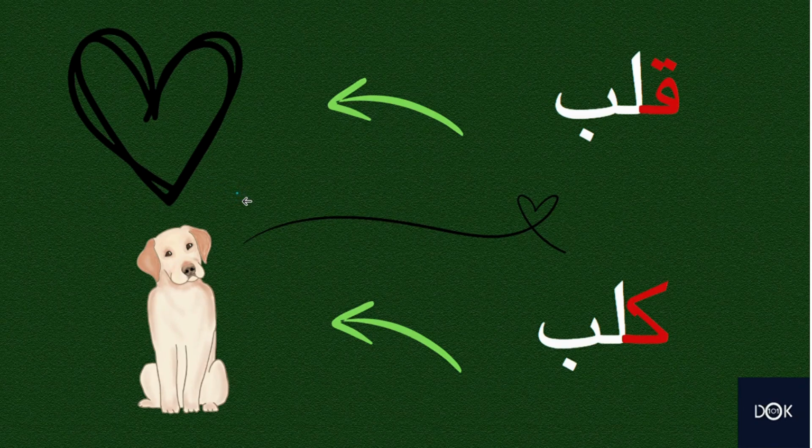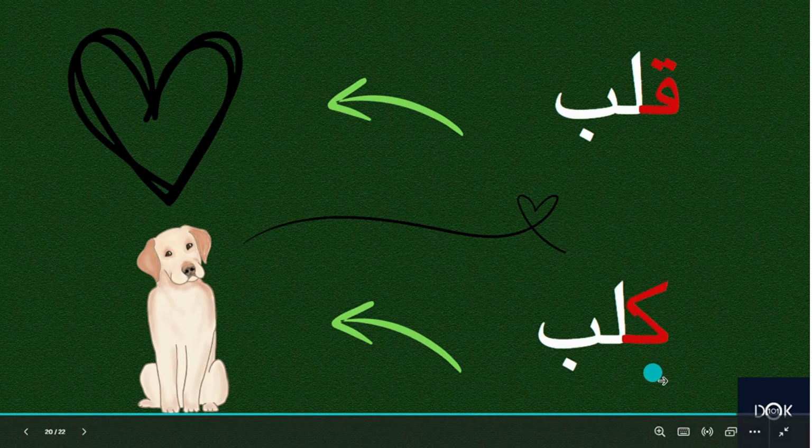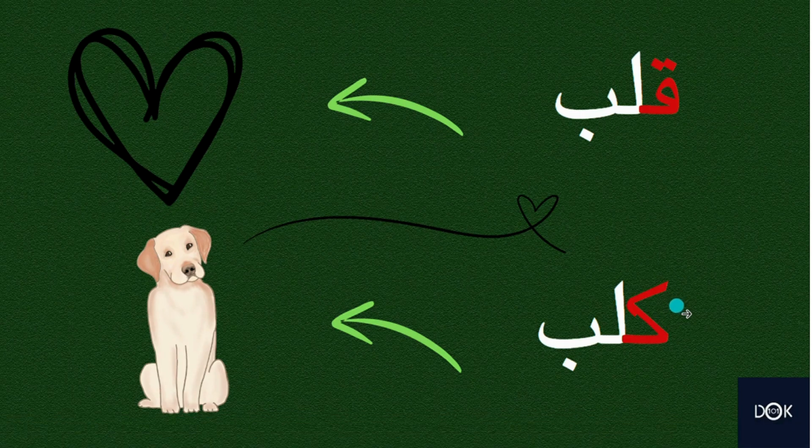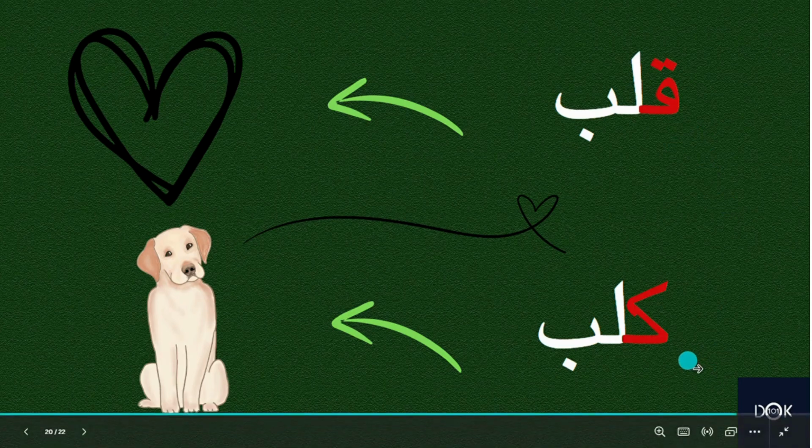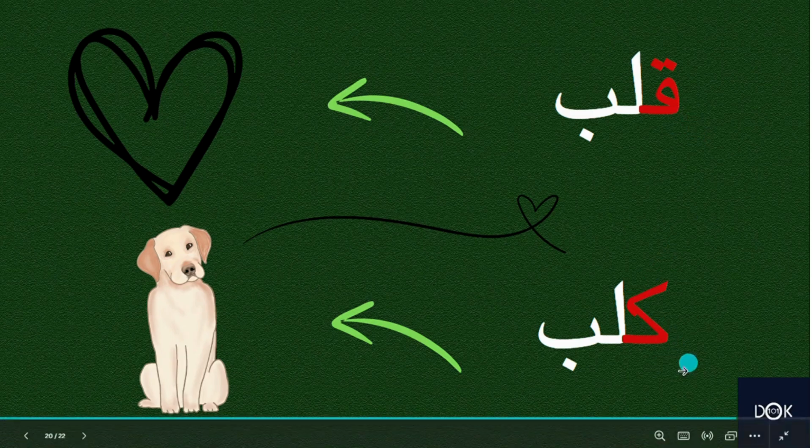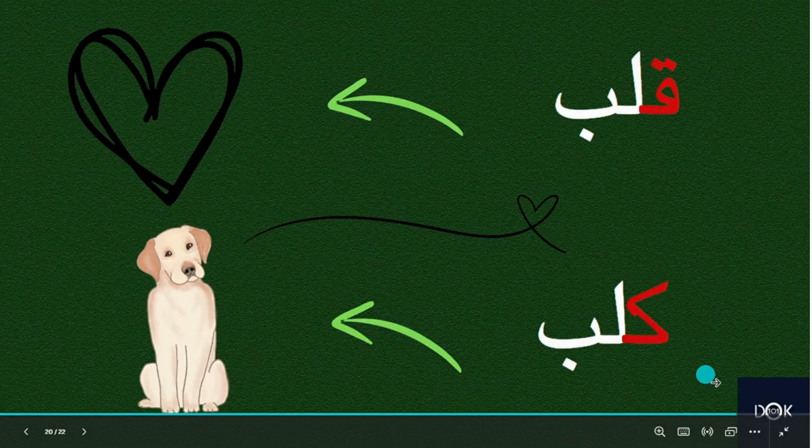The second example is kalb, which is a dog. So if we mix the two sounds, the meaning could completely change. And it's not just for these two examples. There are many words in Arabic that could change their meaning based on the sounds of the letters. So qalb is qaf heavy, and kalb is light and crisp.